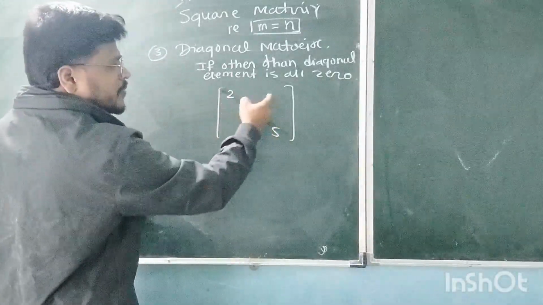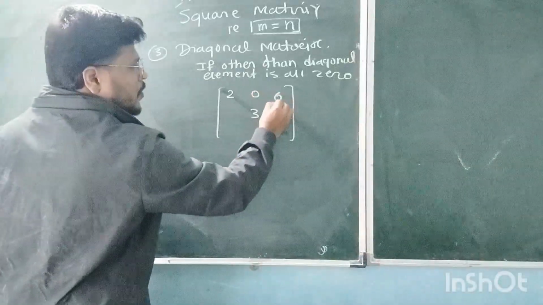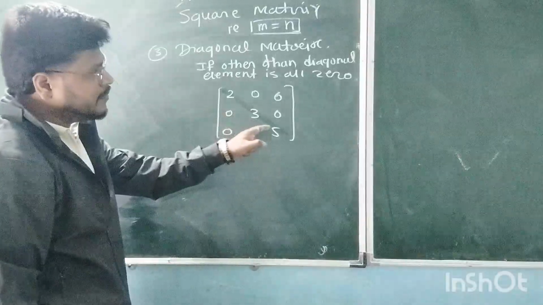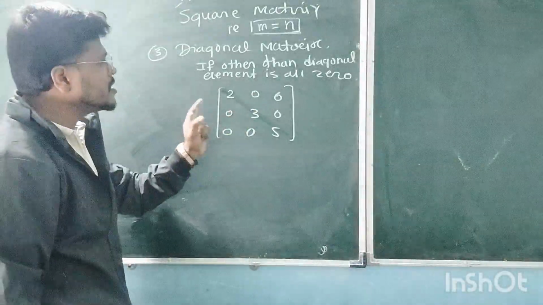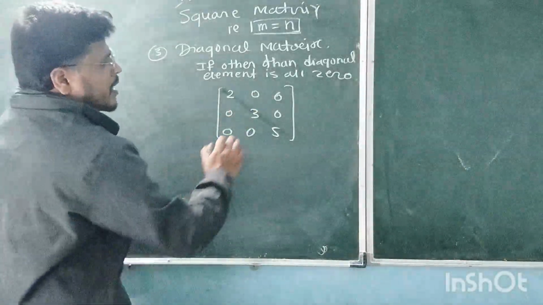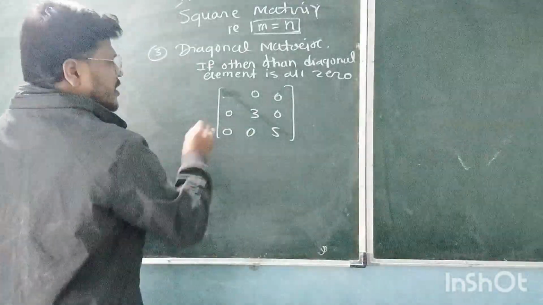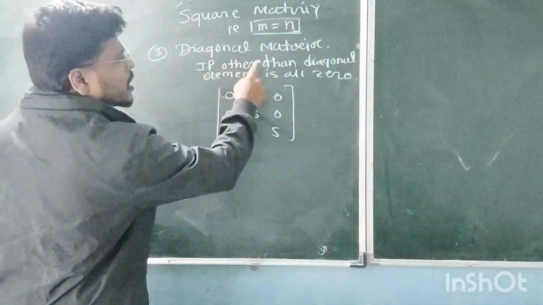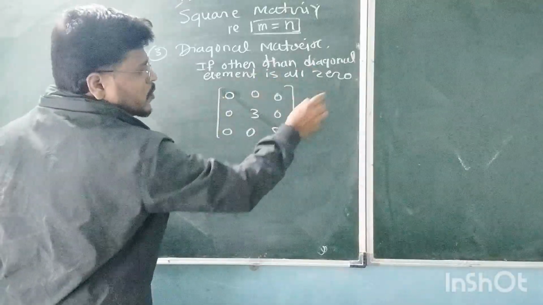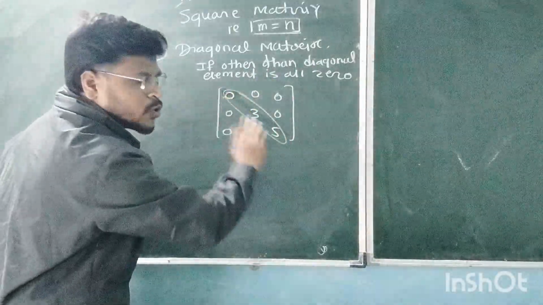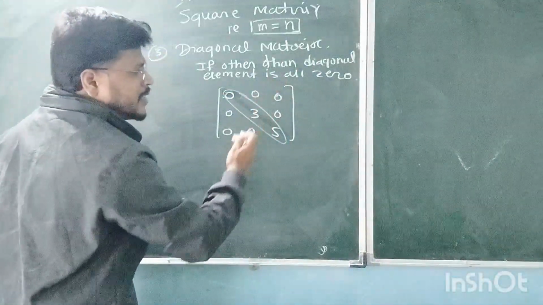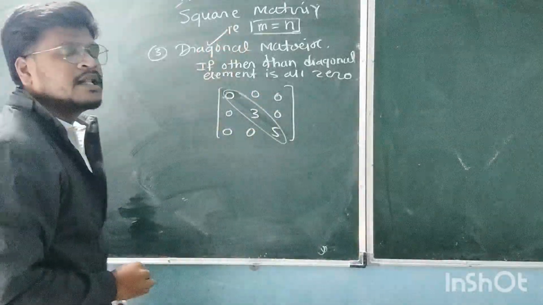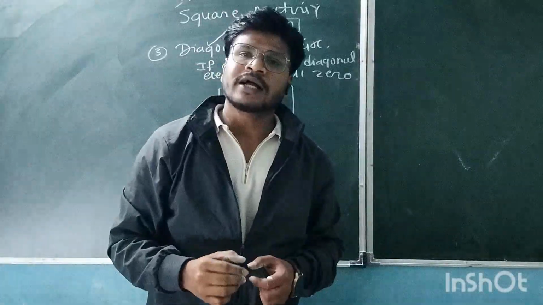Other than the diagonal elements, all elements are 0. Then it is called a diagonal matrix. If I put 0 here, then it is also a diagonal matrix. What is the definition? If all elements other than the diagonal elements are zero, we ignore the diagonal elements and look at the rest of the elements. If all of these are zero, then we call it a diagonal matrix.